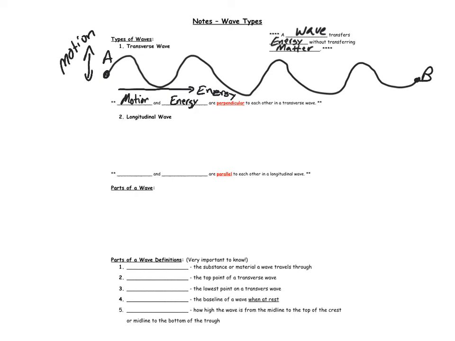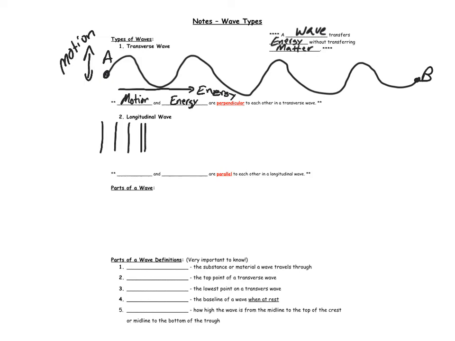Okay? Now, a longitudinal wave is a little bit different. A longitudinal wave, instead of relying on up and down motion, relies on side-to-side motion. And so in a longitudinal wave, I'm going to try drawing this, and it's going to look terrible. You'll just have to bear with me. So I've got areas of what are called rarefaction, where the wave is spread out.